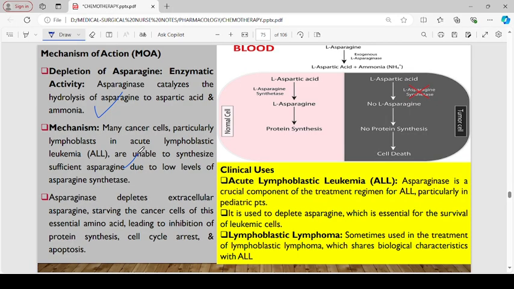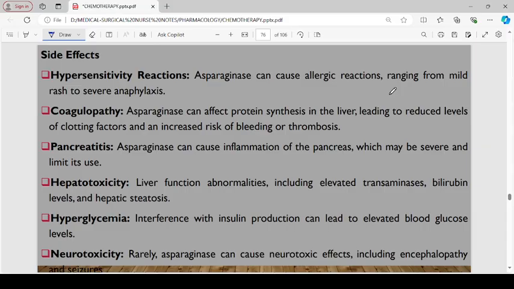So asparaginase depletes extracellular asparagine, starving the cancer cells of the essential amino acid, leading to inhibition of protein synthesis, cell cycle arrest, and apoptosis. So this drug is normally used in treatment of acute lymphoblastic leukemia and lymphoma, right? And this is the process it is blocking in that case.